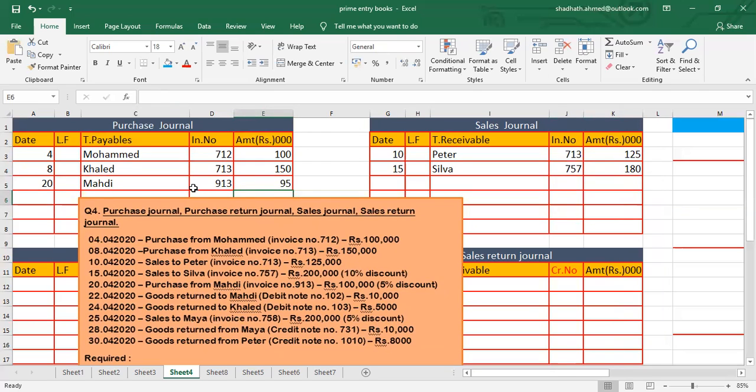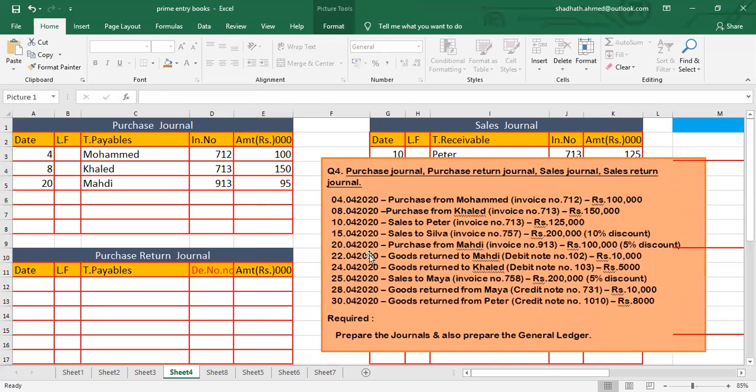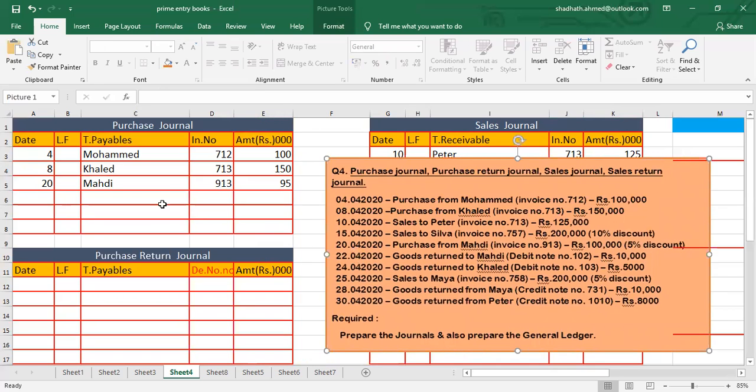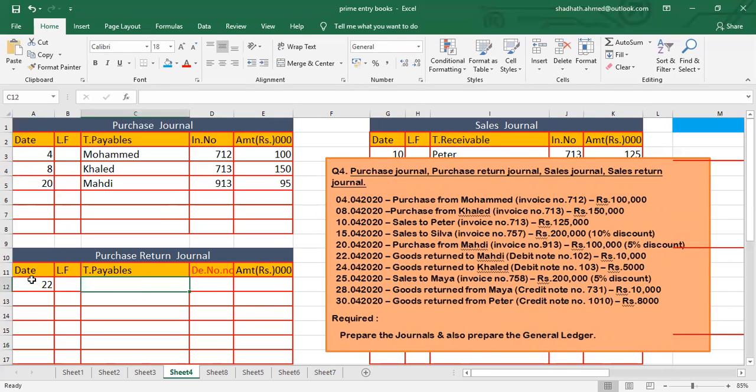22nd of April, goods returned to Mahdi. So why do we return to Mahdi? Because on 20th we purchased goods from Mahdi. On 22nd we returned to Mahdi. So, purchase return journal, 22nd, Mahdi.